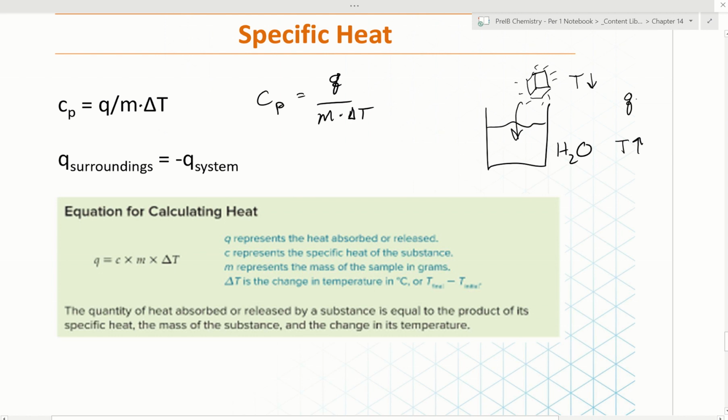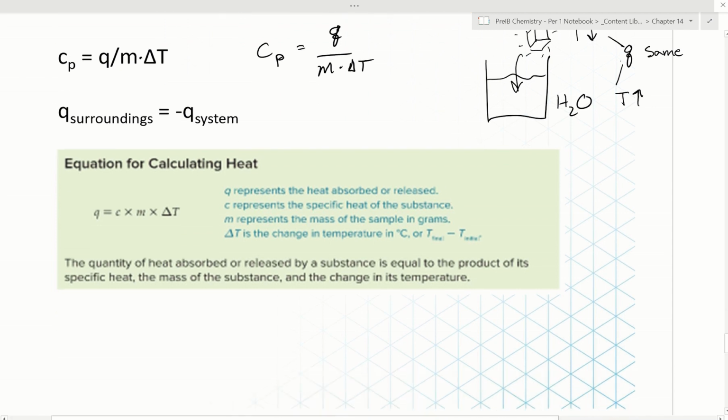The heat, Q, the number of joules in each one of these cases are the same, but negative, because however much heat the hot block loses, the water gains. They don't lose the same amount of temperature or gain the same amount of temperature because they might be different masses and different amounts, but the overall amount of heat, Q, is the same but opposite, negative of one another.